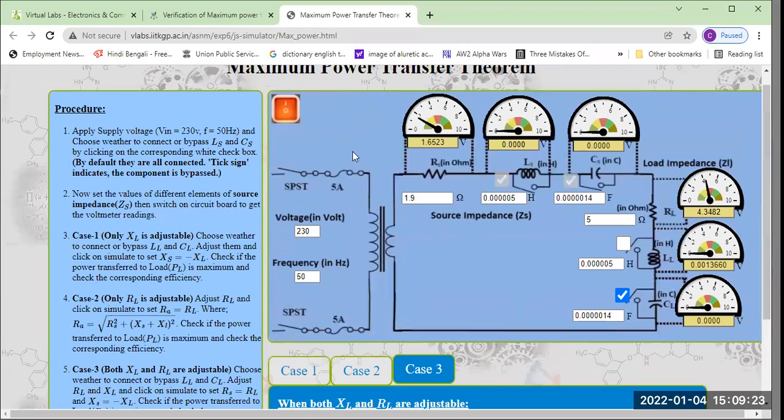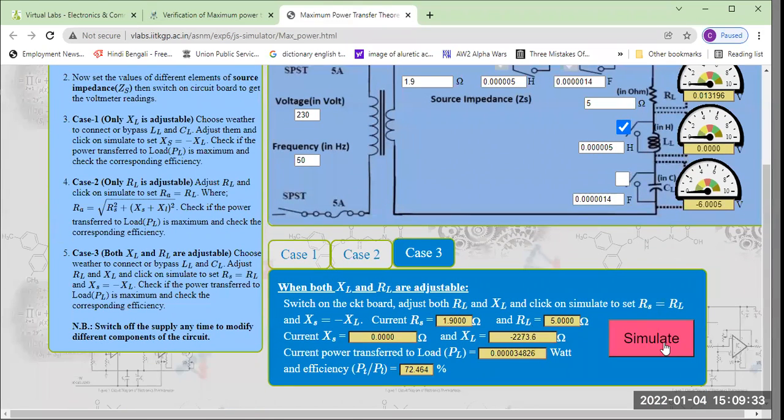Now again we bypass XC. You can see your efficiency is 72.464 again, but the wattage is changed. Whatever, I don't know the previous one, we didn't note it. So in this way we can examine where the maximum power is transferred.